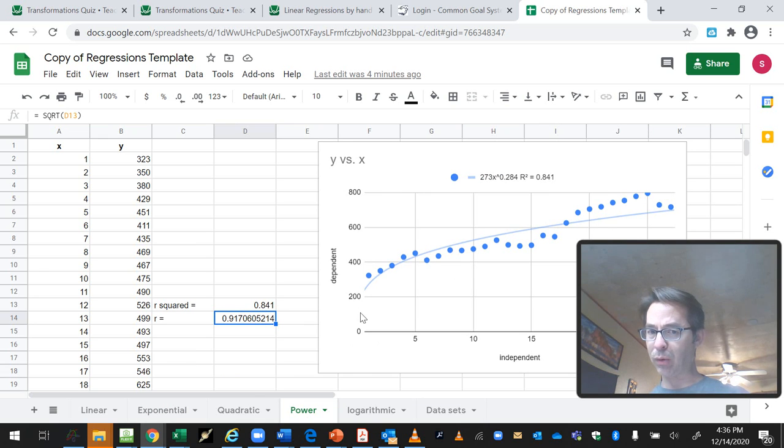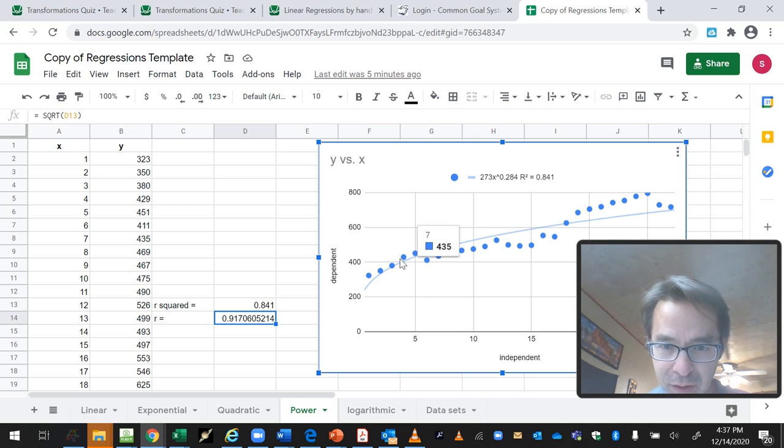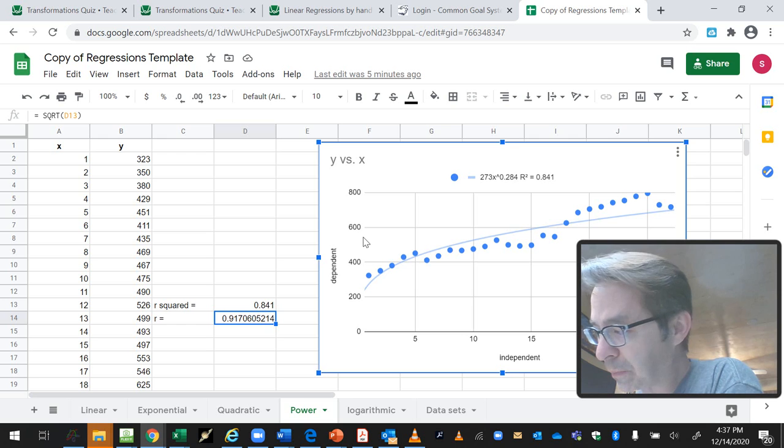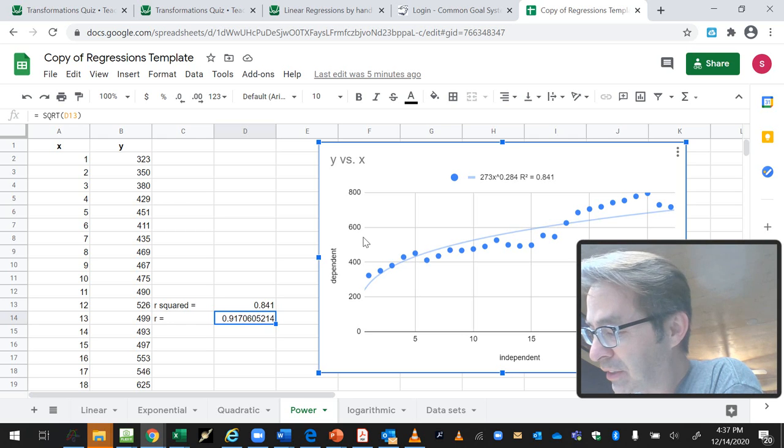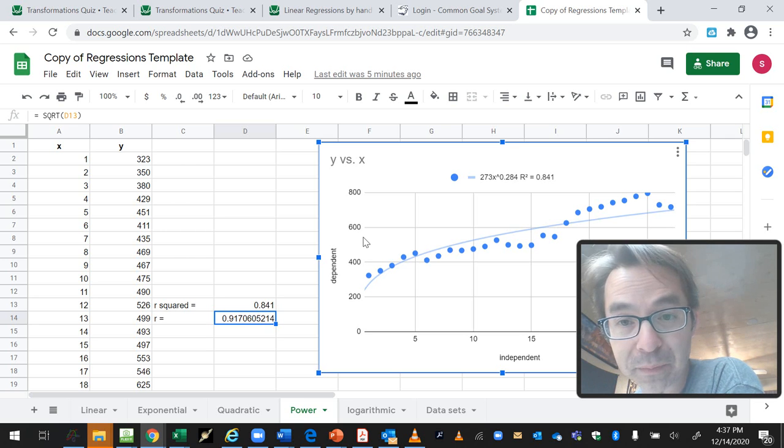Oh, even the power one might be valid. I'm gonna try power first, because you see how the power one has a big sharp curve right here, but then it levels off. So maybe that one would be a good predictor. Basically what I'm trying to do is see if I can get close to the actual 1.2 million figure.